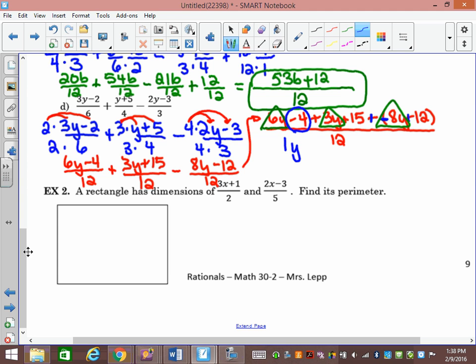Then I have minus 4 plus 15 is 11, and then this is a plus 12 now. 11 plus 12 is positive 23 over 12. Did everyone else get that?